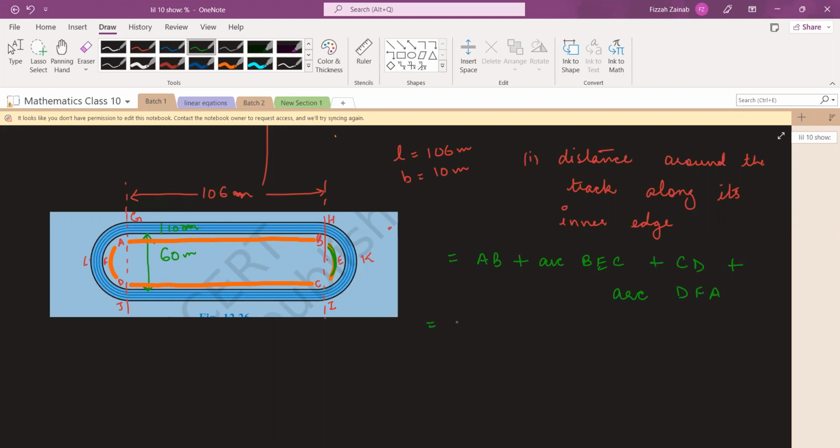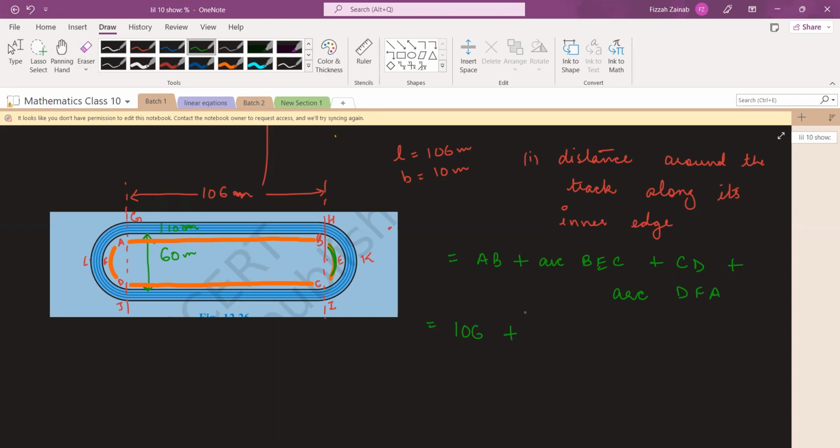Okay. So now put the value. AB is already given, which is, sorry, it's 106. It's not 60. So this is 106, right? Plus arc BEC is basically a semicircle.